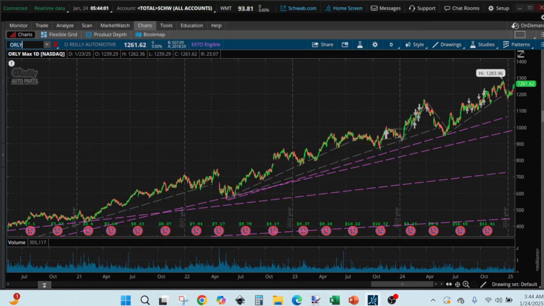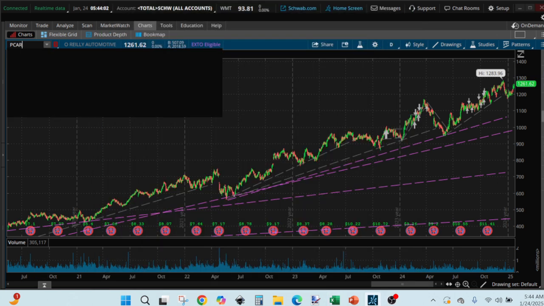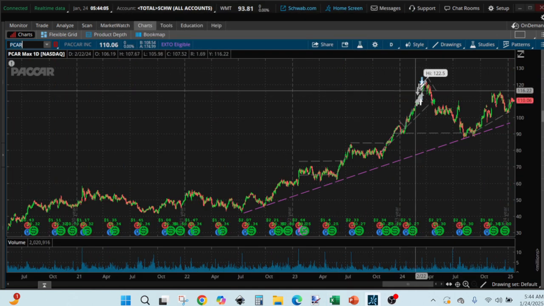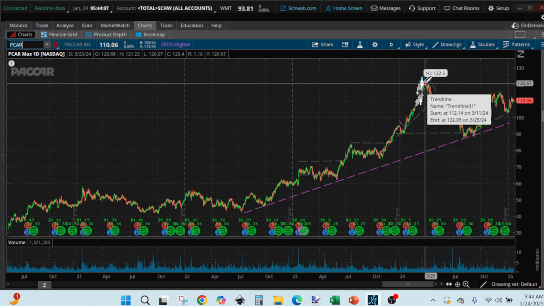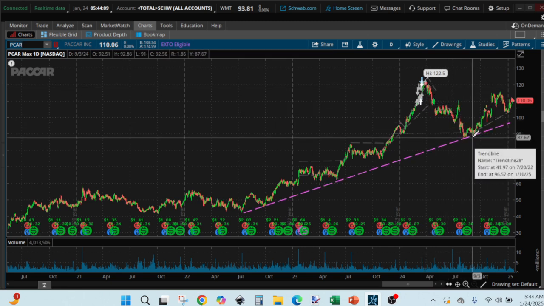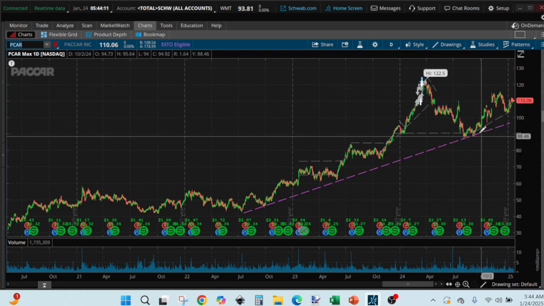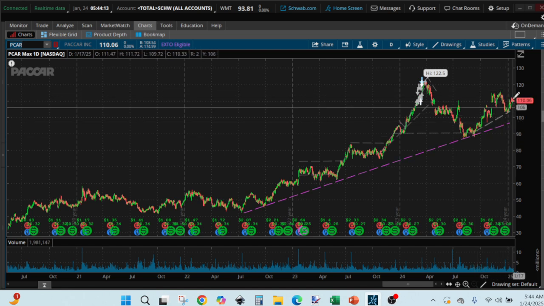PCAR, and PCAR, we purchased it at some point last year, and then the price dropped to the trend line and started going up from there.